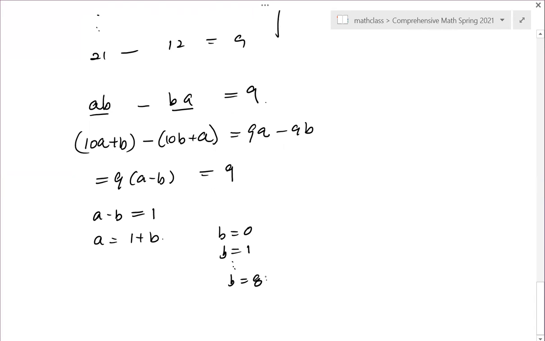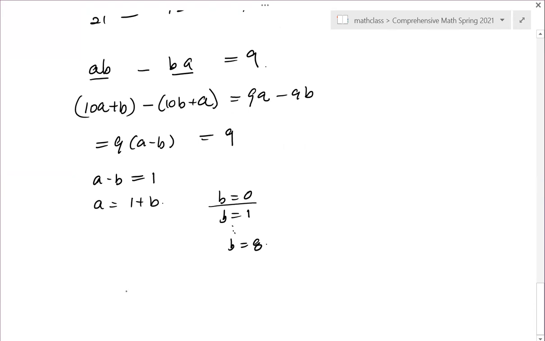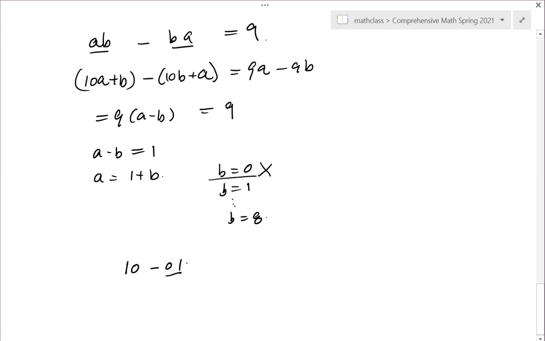So B goes up to 8. Looking at the first case, when A equals 1 and B equals 0, this doesn't make sense because it is impossible. This should be excluded. That's why you only have 8 solutions. There are no other solutions.